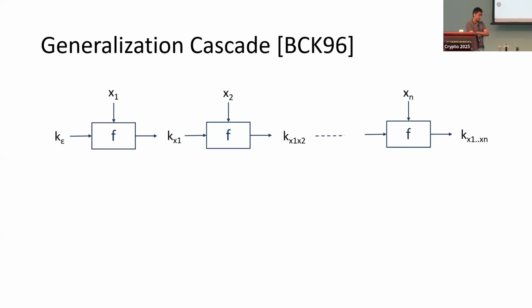For our work, we find it easier to actually work with a generalization called cascade, which simply iterates the PRF on one input, where the intermediate keys are the constraint keys. GGM is captured by viewing the PRG as a PRF whose domain is one single bit.